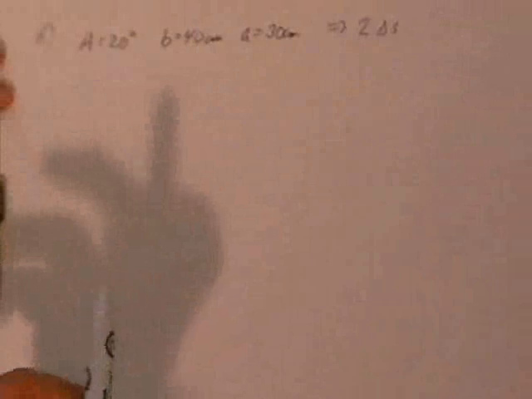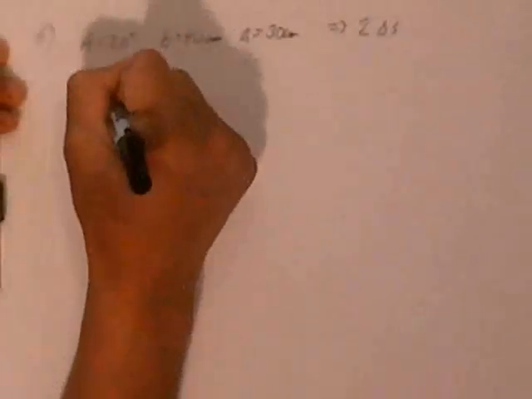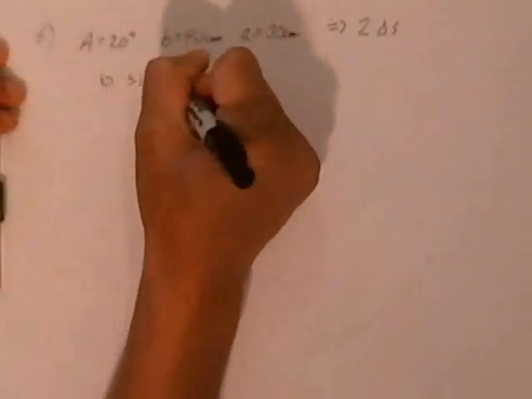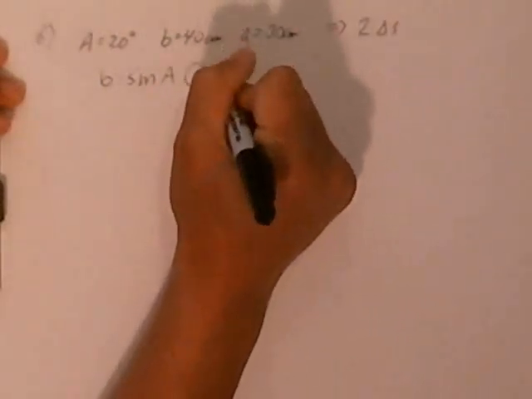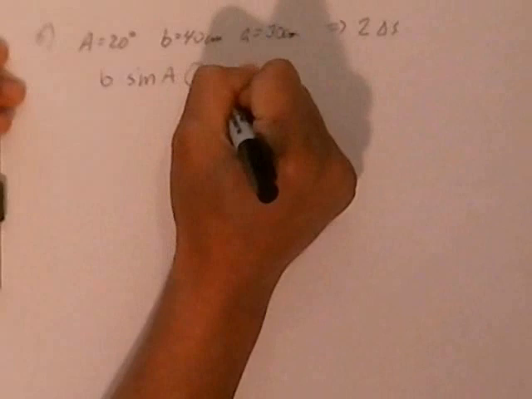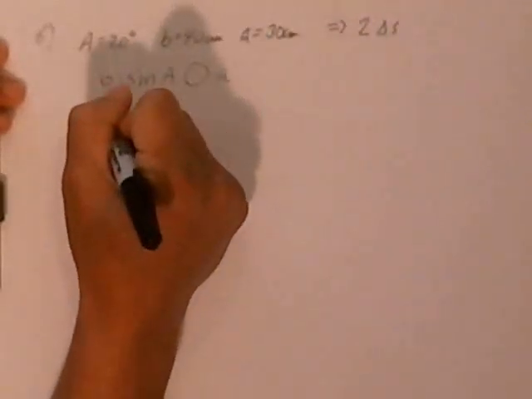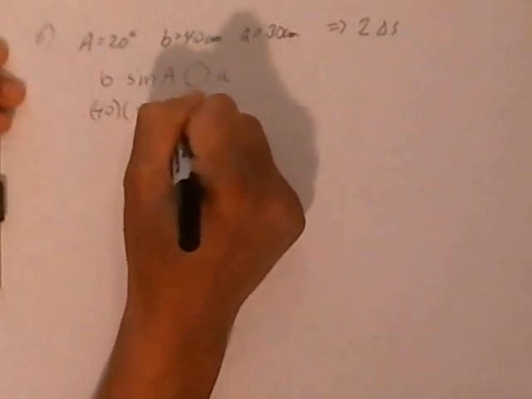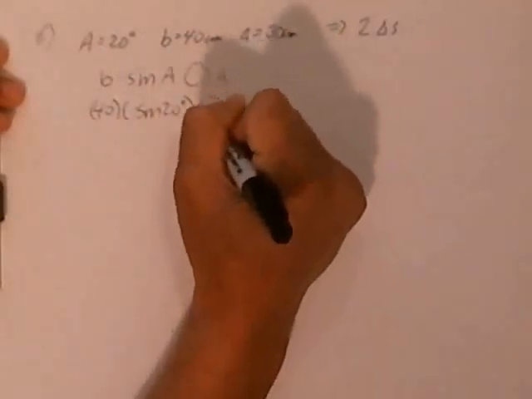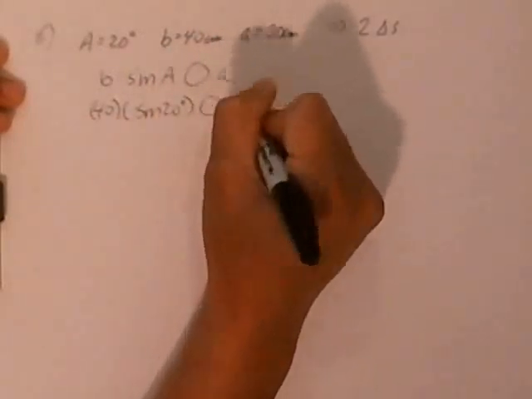B times the sine of angle A, and then we're going to put a little question mark right there. Then little a is right over here. So B is 40 times the sine of 20 degrees. I'm going to put a circle right there, and that's going to be 30.